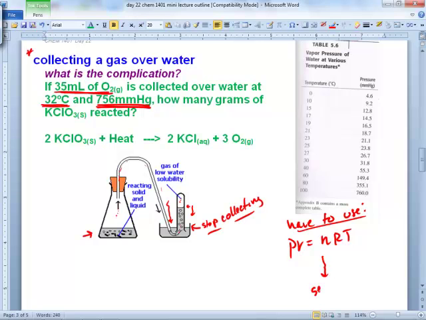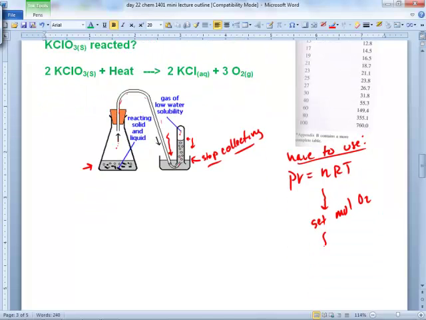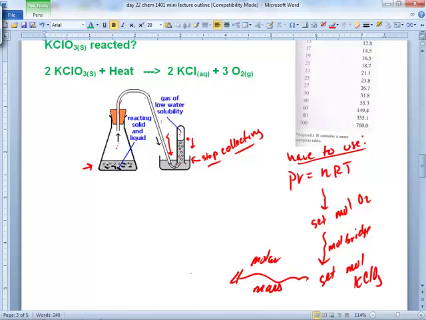We're going to get the moles of oxygen, right? And then we'll use the mole bridge to get the moles of KClO3. And then I guess finish the story, molar mass, and we'll get the grams of KClO3, and we're done.